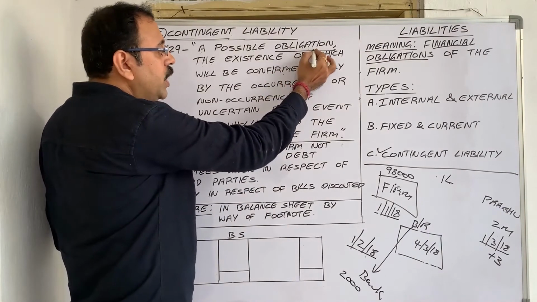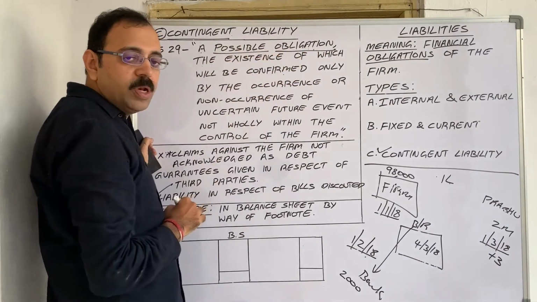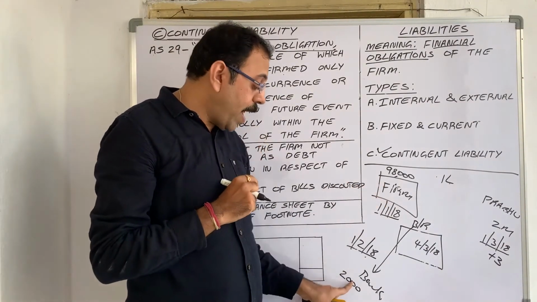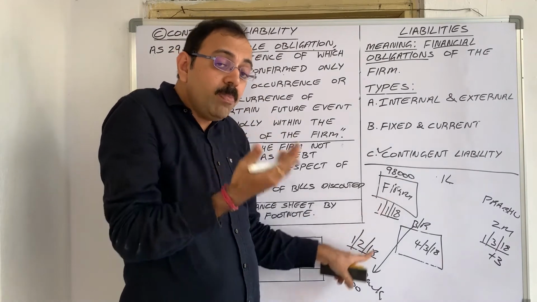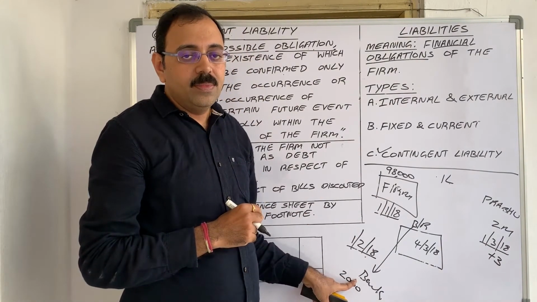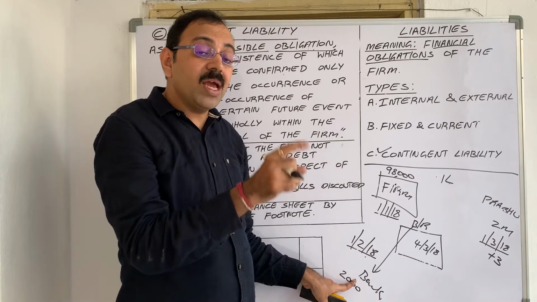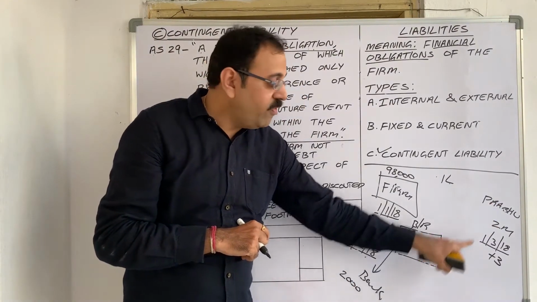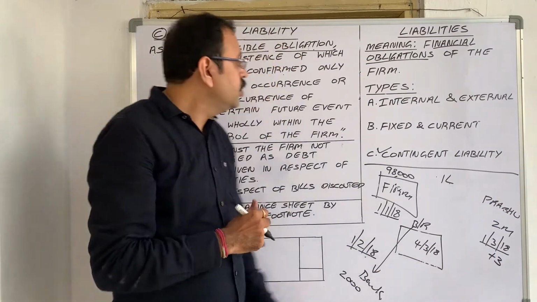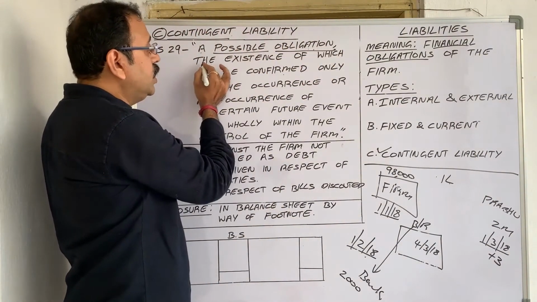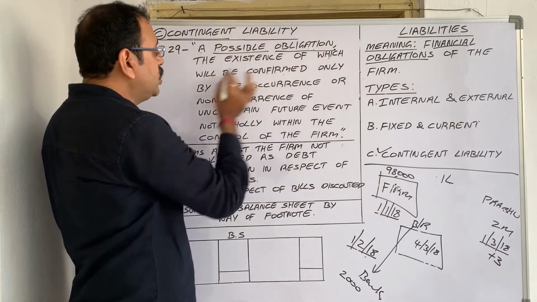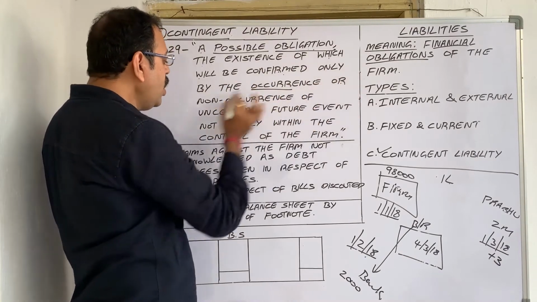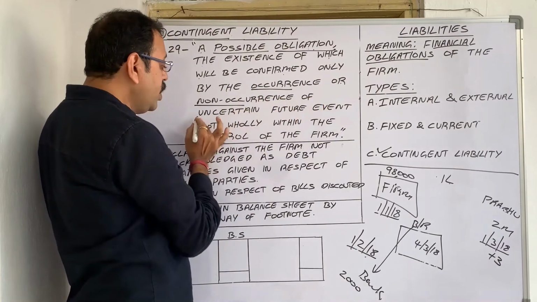That responsibility may be a possible responsibility. Means what? We may become liable to bank or we may not become liable to bank. So there is a possibility of becoming liable to bank when bill is dishonored by Prabhu, when Prabhu fails to pay the bill amount.